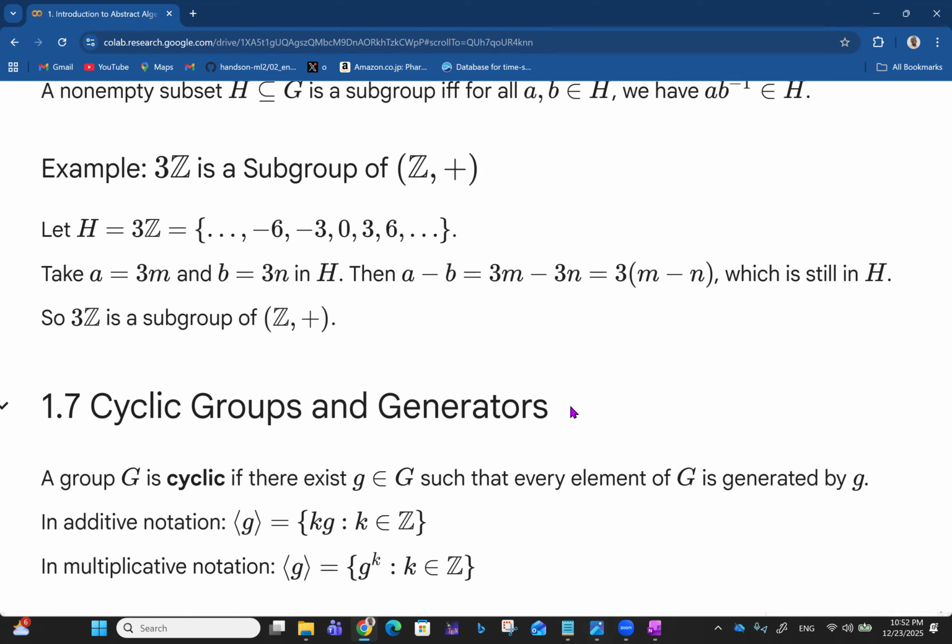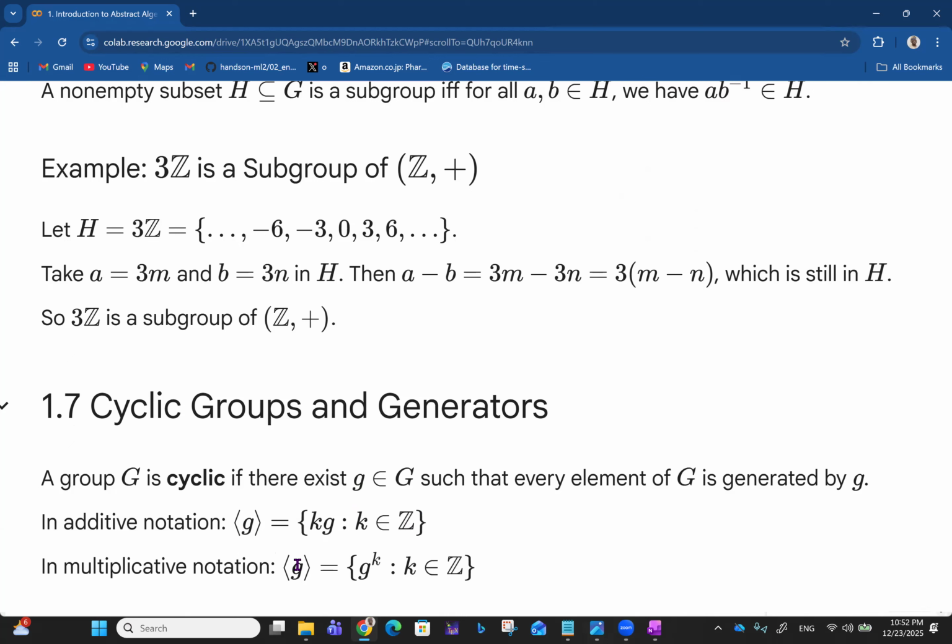So cyclic groups and generators now. A group G is cyclic if there exists a particular g belonging to the big G, a small g belonging to big G, such that every element of G is generated by g. So you're going to learn the idea of generation very soon. So in additive notation, we say that the angle brackets of g is equal to kg, where k is an integer, right?